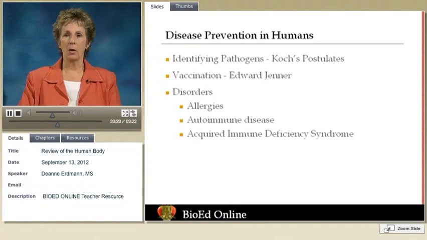In an autoimmune disease, what happens is the body doesn't distinguish between disease-causing organisms and its own tissues. An example that comes to mind is a Streptococcus bacteria that causes rheumatic fever.